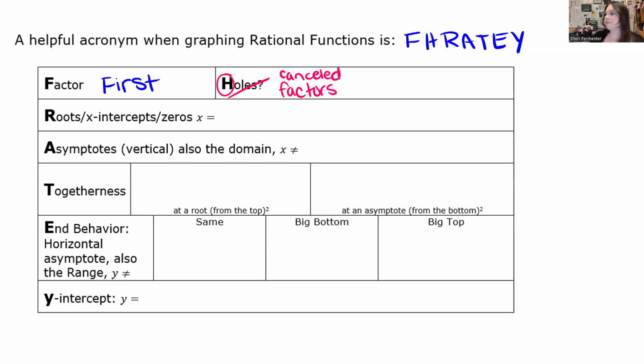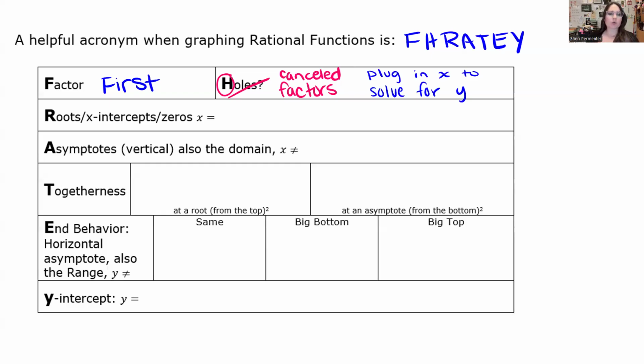And we're going to find the x from the canceled factor. And then what we're going to do is plug in x to solve for y. And you only have to do that if there's canceled factors and there's a hole. Not every time you're graphing is there a hole. So only if there's a hole.